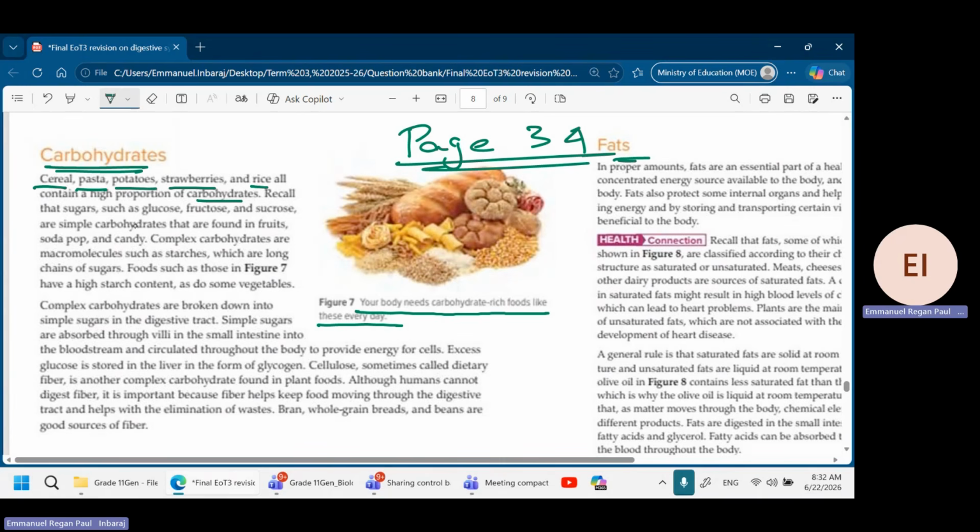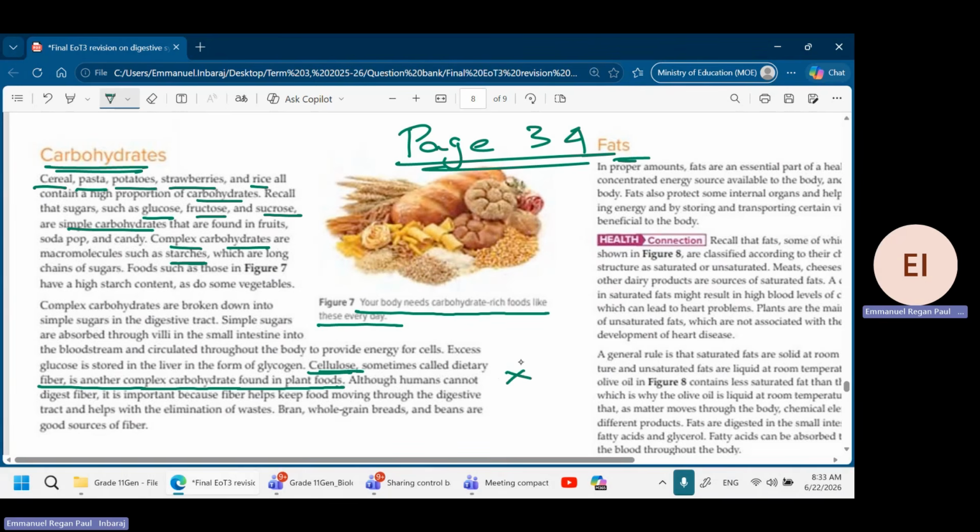And here you should remember that glucose, fructose, sucrose, these are simple carbohydrates, but complex carbohydrates are starch, okay, and you also have fiber. You see cellulose. Cellulose, dietary fiber is another example of complex carbohydrate found in plant food.